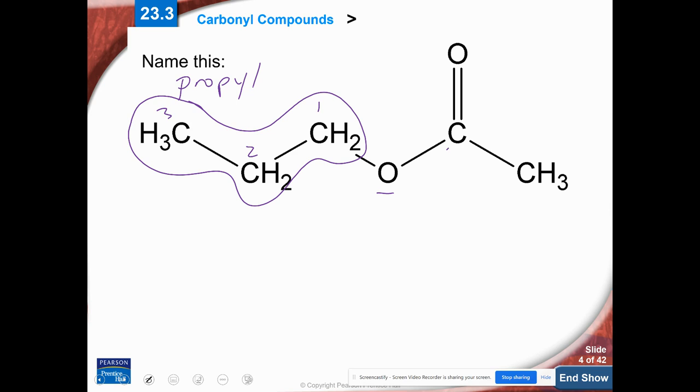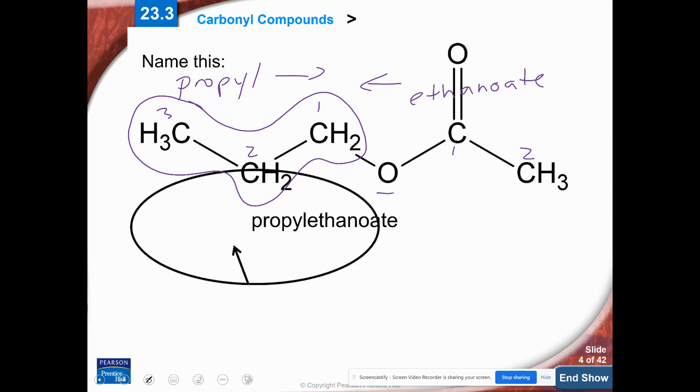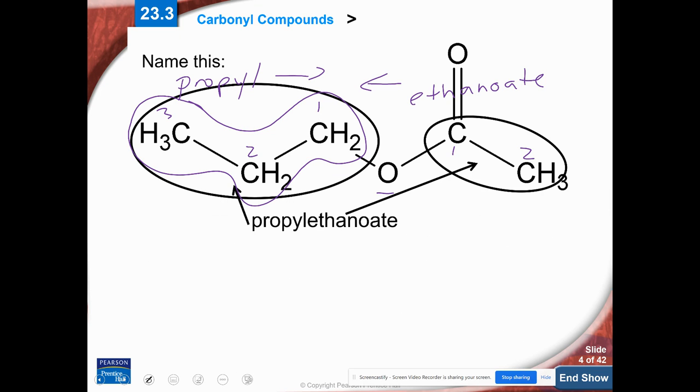Now I name this part. I count the carbons, 1, 2. So this is eth, and then we drop the E from ethane and add the ending OATE. This is the ethanoate part, and that's the propyl part. Now we put those two things together, and we have propyl ethanoate.